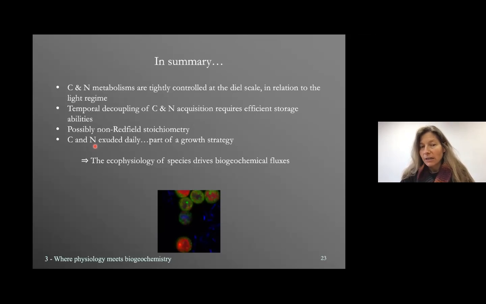But they do this at all irradiances, so it's really constitutive of their growth even when they are subsaturated. And so in the end, what I wanted to illustrate today is that you can see how the ecophysiology, so small-scale processes in the growth of an organism, will actually drive the biogeochemical fluxes at the scale of the entire population. And I think I will stop here.